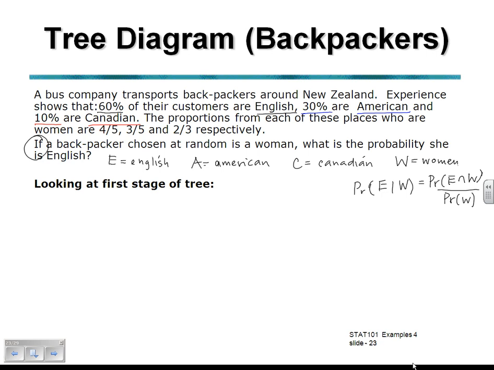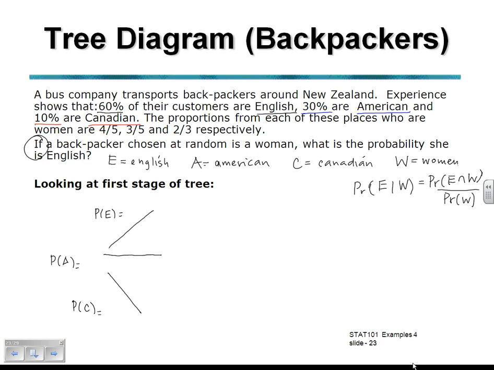This is a good example for a tree diagram, splitting it into two stages of the tree. Our first stage is where the backpacker is coming from. We've got a choice of English, American, and Canadian, so we will have 3 branches on this first stage of the tree. Probability that the backpacker is English, probability that the backpacker is American, and probability the backpacker is Canadian.